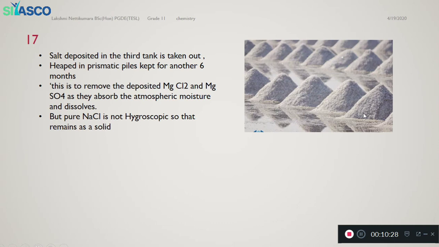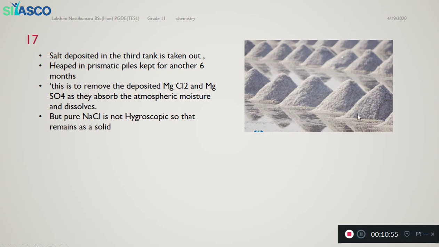This magnesium sulfate and magnesium chloride have an ability to absorb water from the atmosphere. Once they absorb water, what will happen? The magnesium chloride and magnesium sulfate come to their liquid state and are removed from the solid crystals.